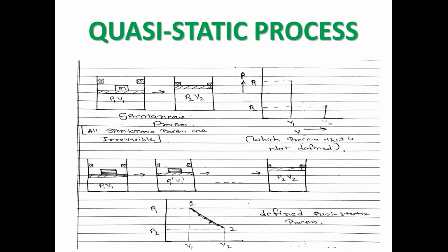P1 and V1 are the pressure and volume inside that cylinder, and a mass M is put on the top. Now if we remove that mass, then the pressure of the gas will spontaneously push that cover up to the fixed level. It means the process will occur spontaneously because we have removed the weight, we have removed the lock on that particular thing.